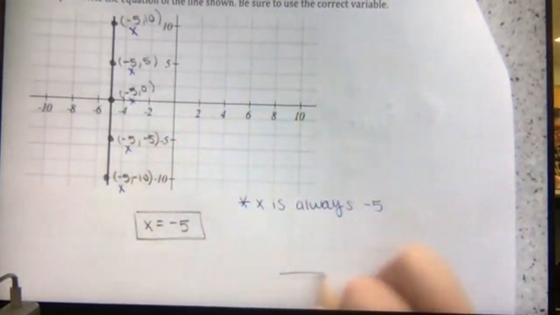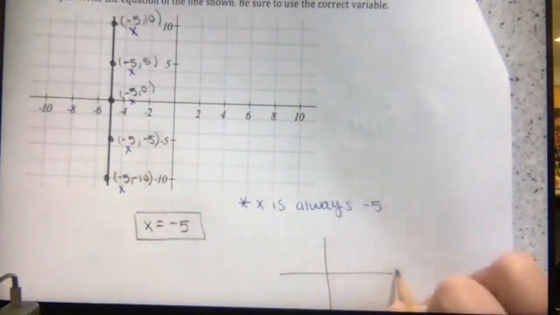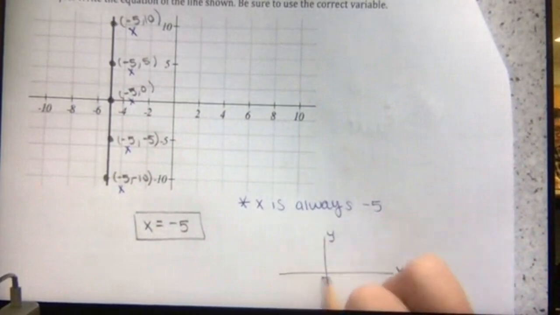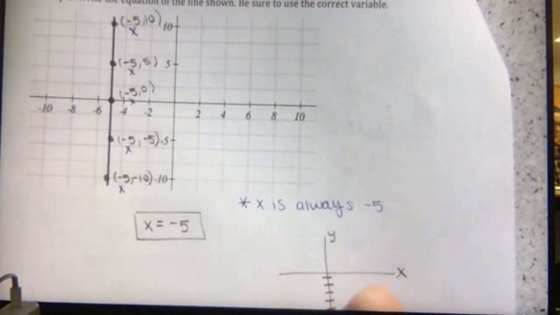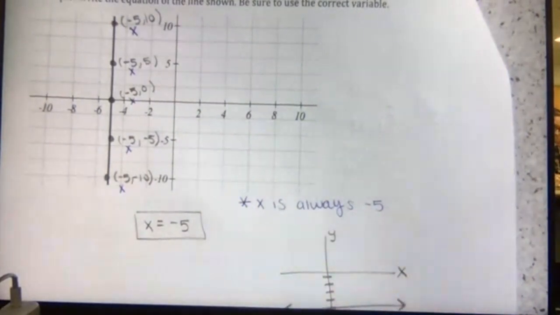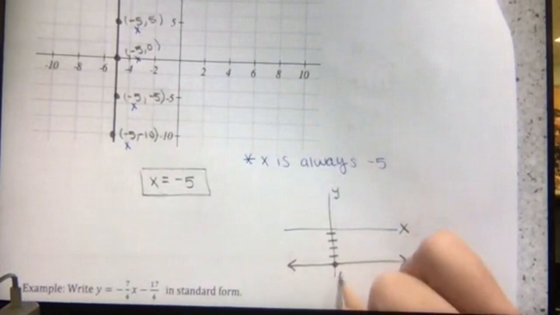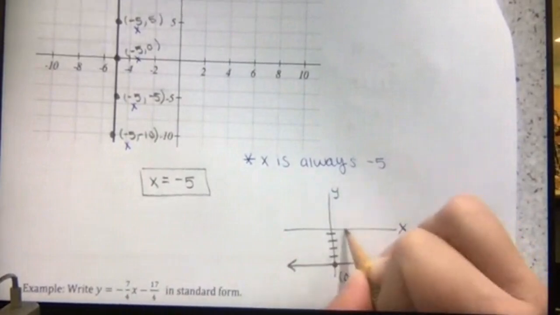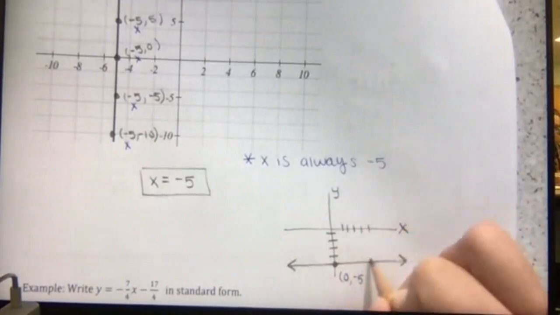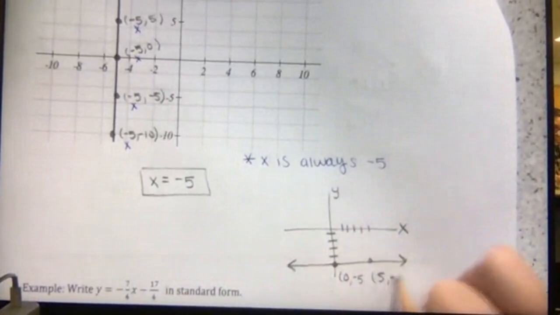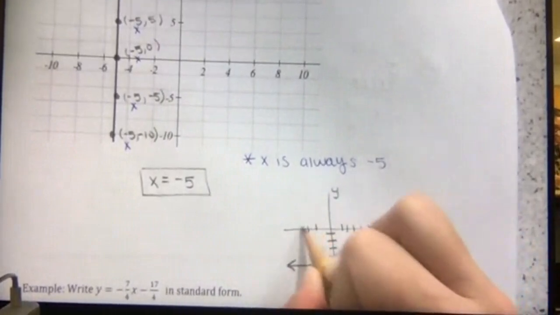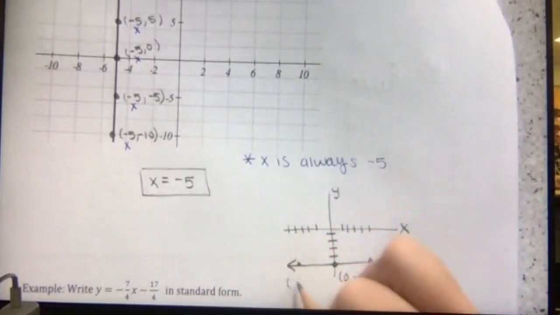What if this was a horizontal case? So what if it was always that this is x and y, 1, 2, 3, 4, 5. Let's just use the same thing. If this was our line, if it was horizontal, this would be over 0 down -5. Let's say right here, this is over 5 down -5. Over -5 down -5.